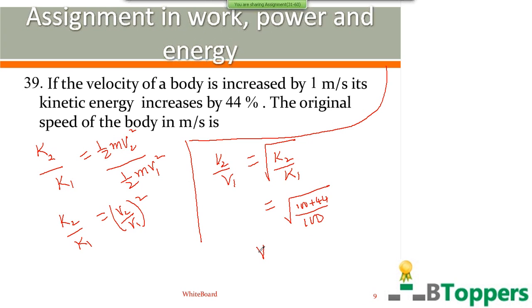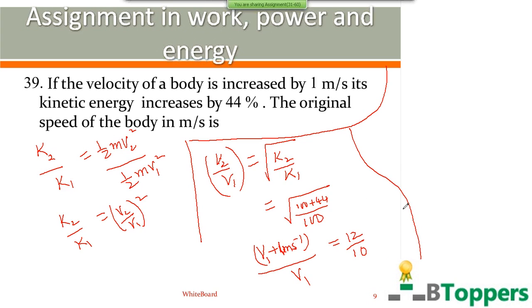V2 is the new speed, which can be written as the original speed V1 plus the increase in speed, that is 1 meter per second. So you can write V2 equal to V1 plus 1 meter per second in the numerator, divided by V1 equal to 12 by 10. You can simplify it further, and copy down this working and complete the calculation yourself.